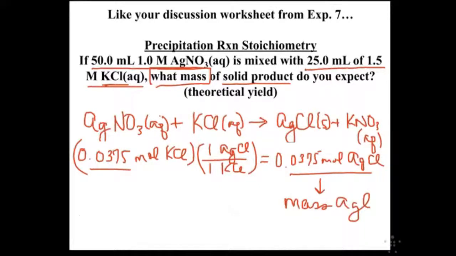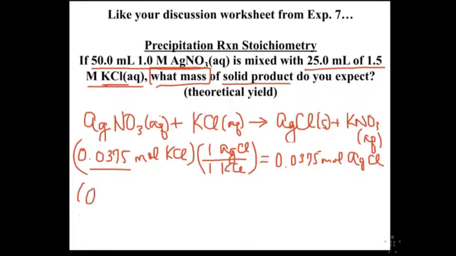And let's just do this in grams. So mass silver chloride in grams. Okay, so if we go ahead and take the molar mass of silver chloride, we should be able to solve for the total mass that we make. So the mass of silver chloride is 143.3212 grams per mole.